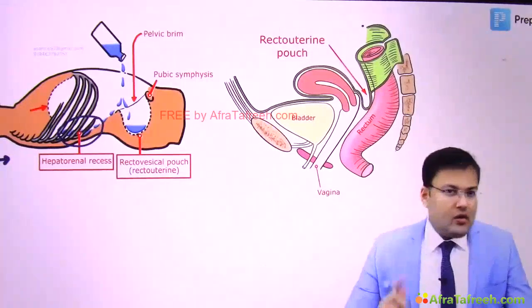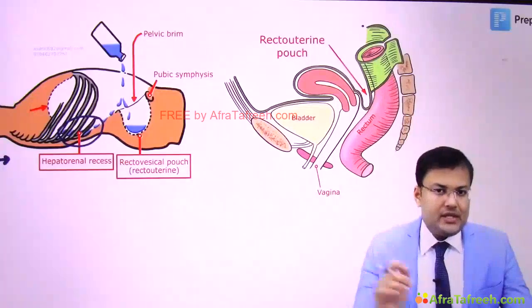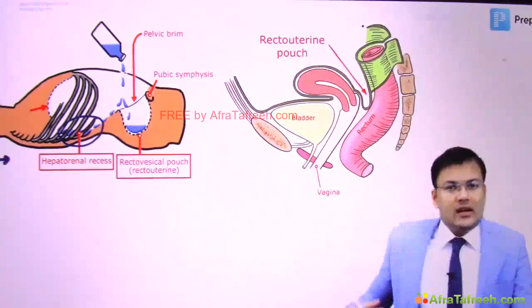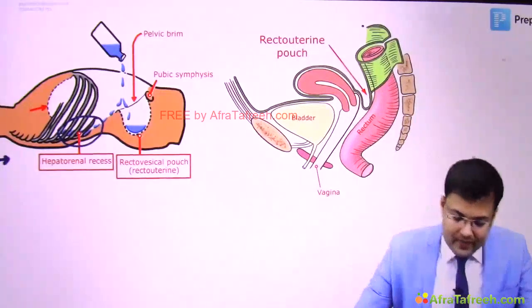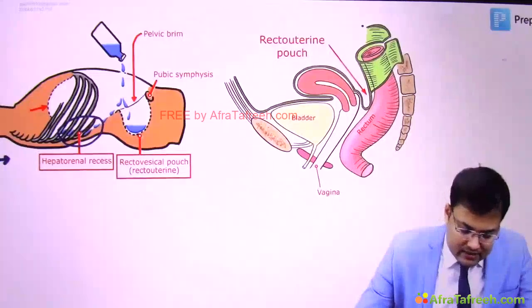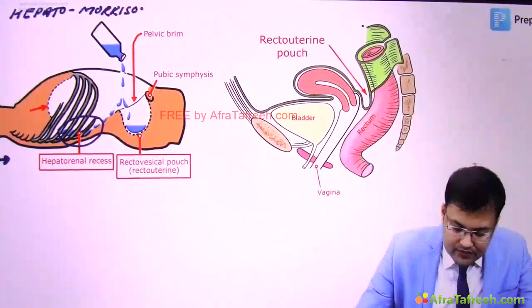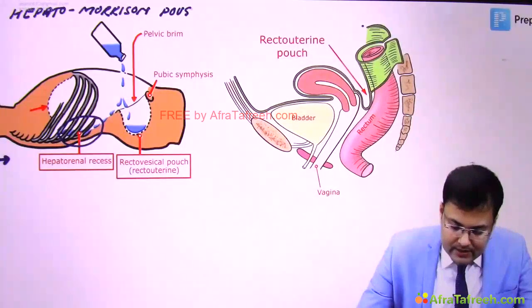So two questions. What is the most dependent cavity when the patient is in the lying down or recumbent position? That is hepato-Morrison pouch, also known as right subhepatic space.